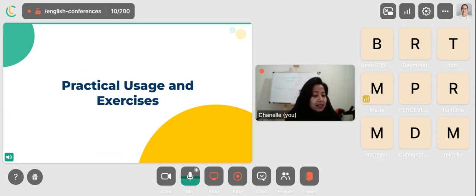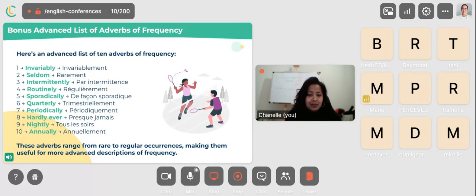Let's look at some practical usage and exercises. So here is an advanced list of 10 adverbs of frequency.